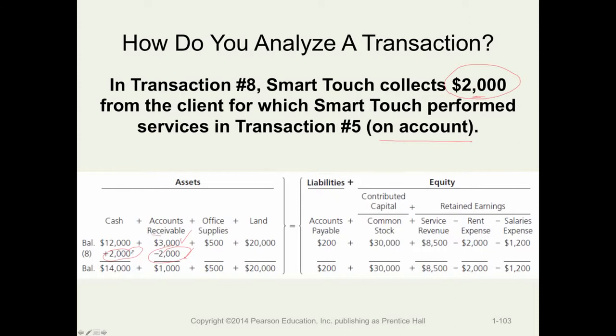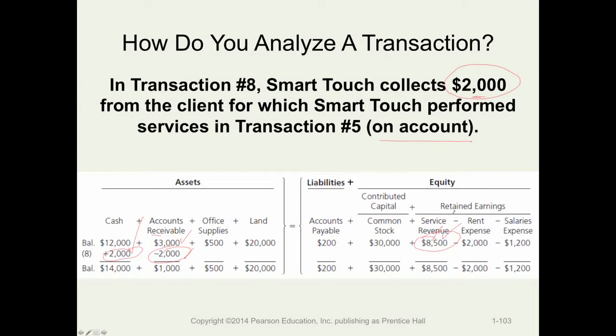So once again, we change the composition of the assets, but not the total. Notice there is a cash inflow here, but there's no revenue. The revenue was already recognized, because if you look at our numbers, our cash sales were $5,500 and our credit sales were $3,000, and now we've collected $2,000 of that. So you don't recognize revenue now when you collect.